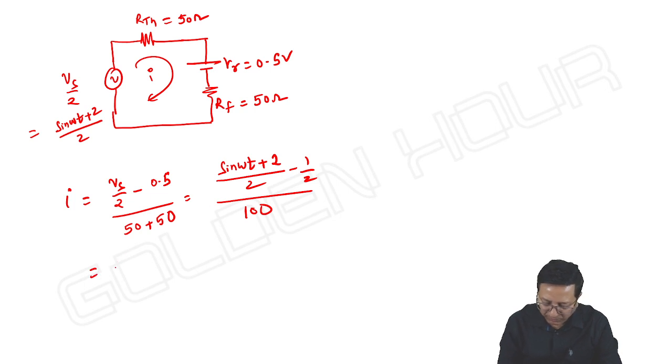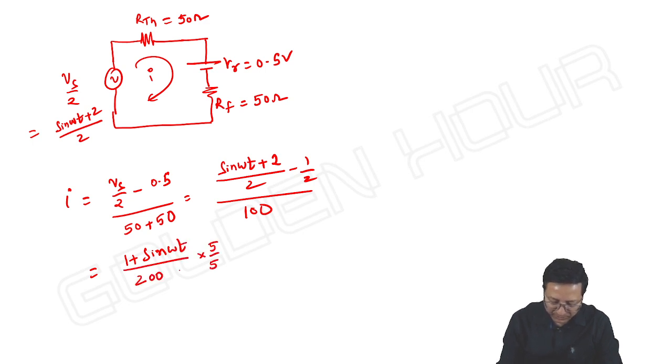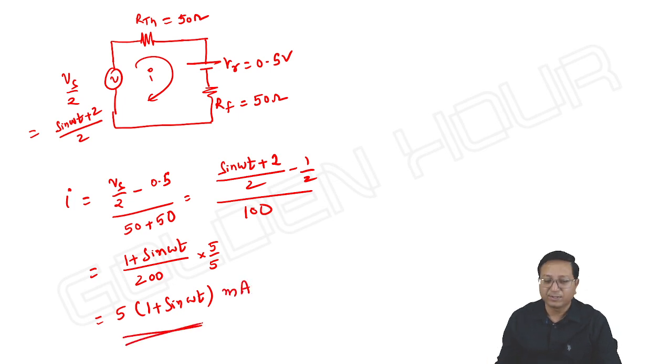It is 1 plus sine omega t by 200. I can multiply and divide with 5. So it is 5 into 1 plus sine omega t milliamperes. That's it. This simple, we can do this problem.